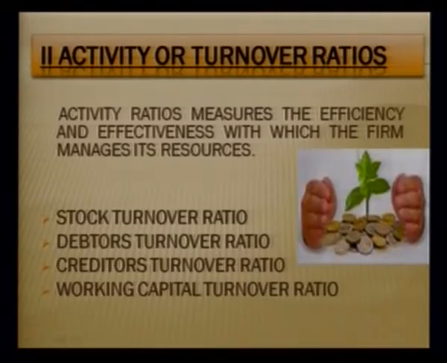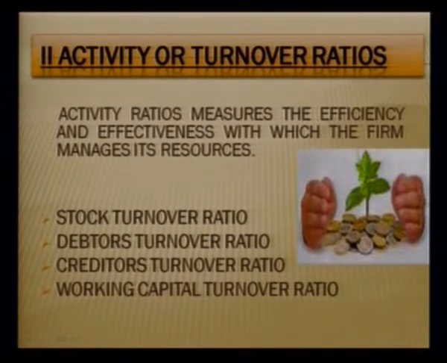Turnover here means the rate at which the business is deploying its assets. That means, is the business using its available resources in an efficient and effective manner or not? This is the main objective of computing the activity or turnover ratio. These ratios measure the efficiency and effectiveness with which the firm manages its available resources.